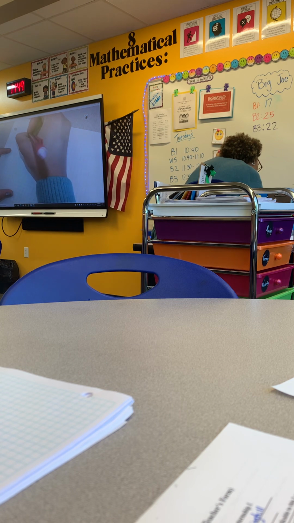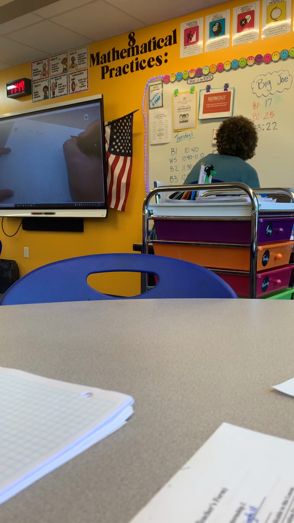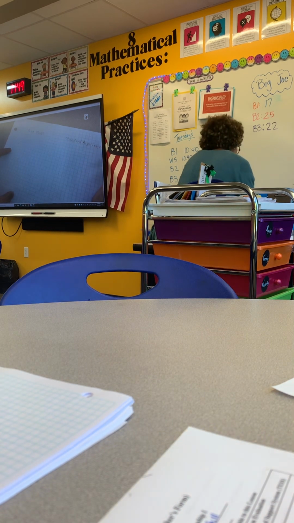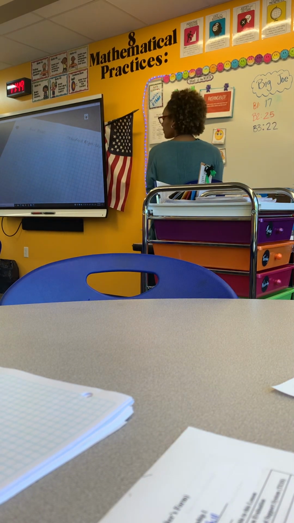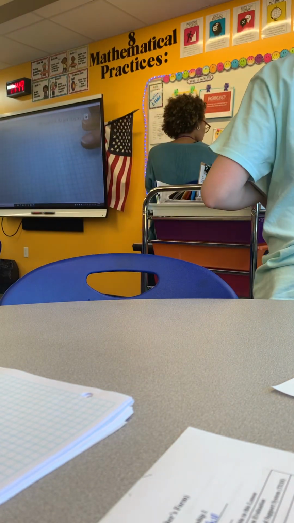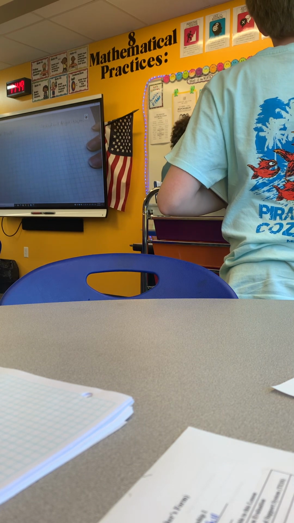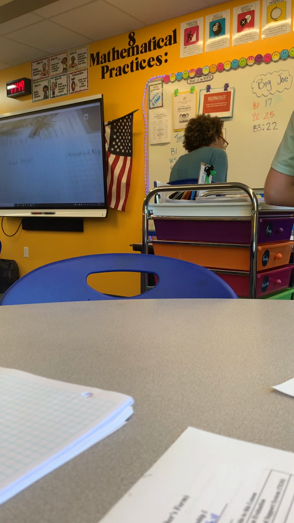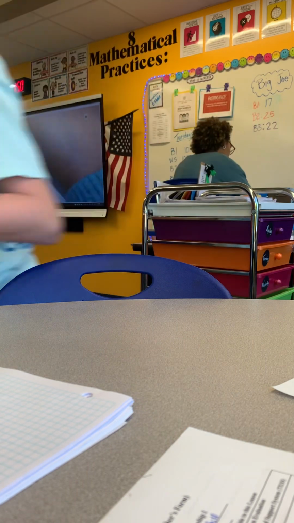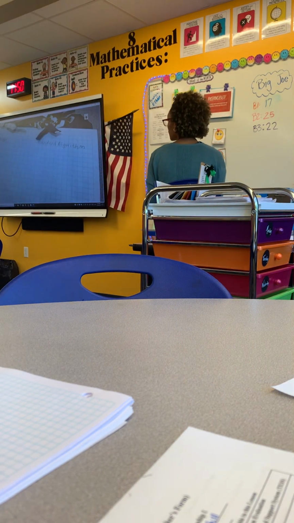Area model on one side, and standard algorithm. Does everybody have that down?